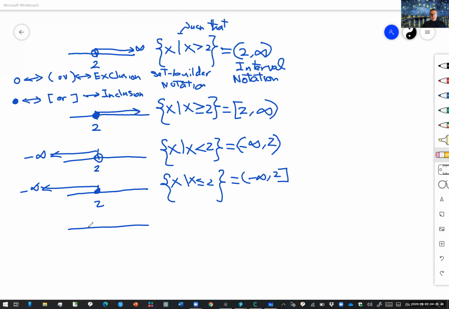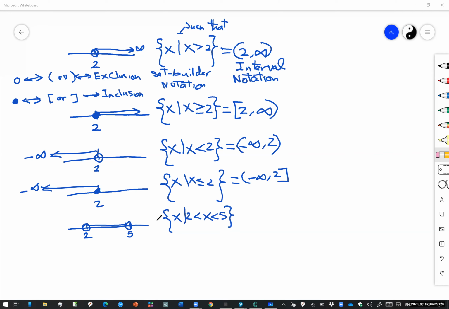What if I want the numbers strictly between 2 and 5? In other words, we're going to have open circles on both ends. So how do you think we represent that in set builder notation? All x such that what? This is going to be that sandwich notation. x is going to be sandwiched between 2 and 5.